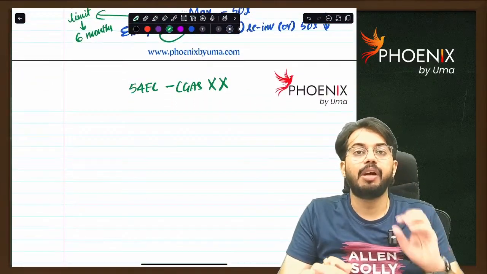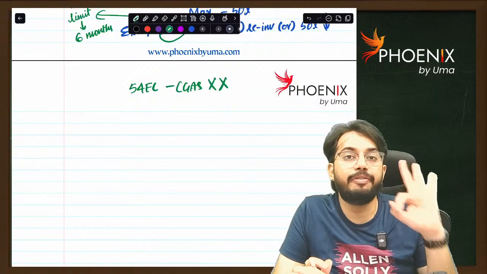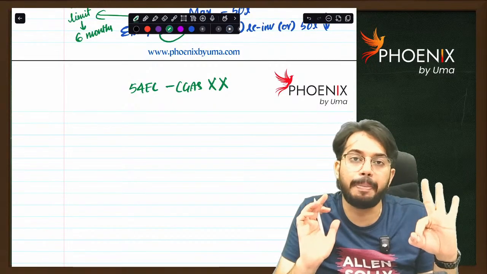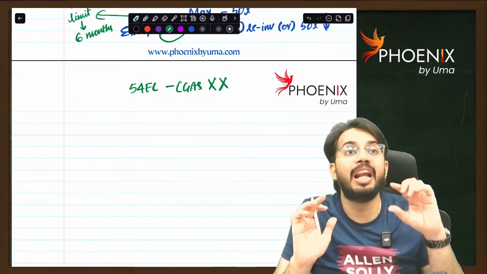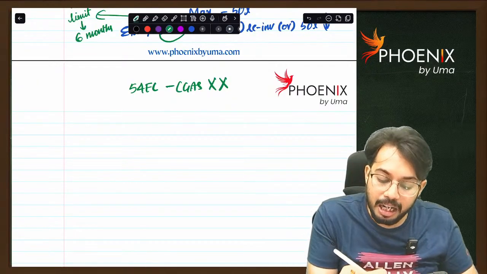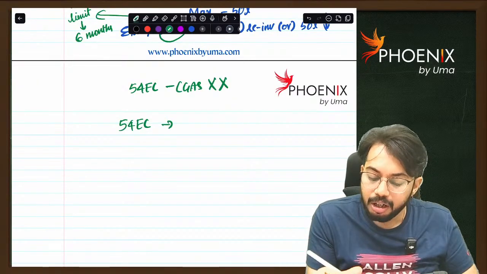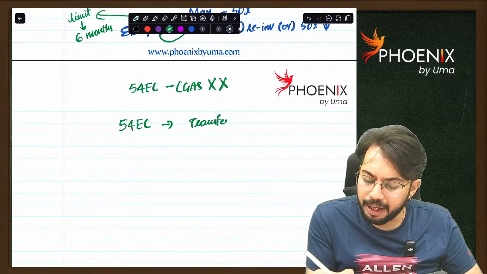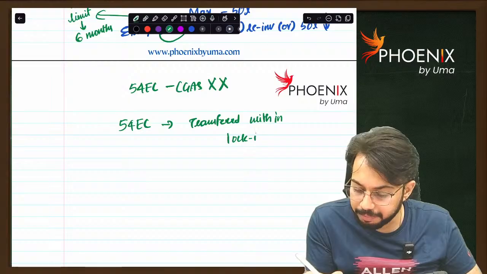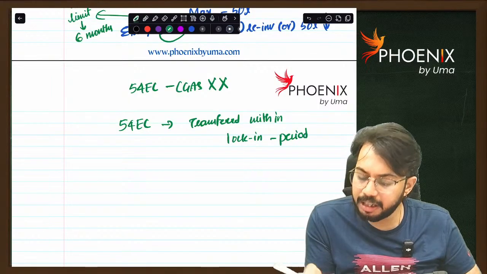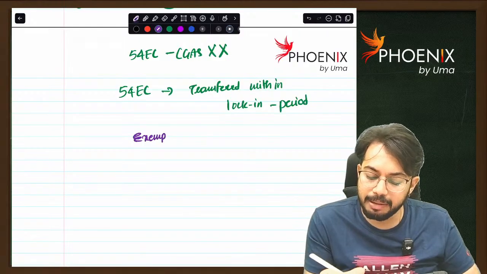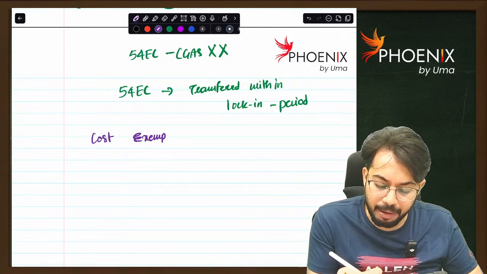Did you observe under 54, 54B, 54D, what happens if you transfer within lock-in period? What is the tax treatment? Earlier exemption claimed will be reduced from cost of acquisition. But under section 54 EC, if it is transferred within lock-in period, whatever the exemption is there, exemption will not be reduced from cost.